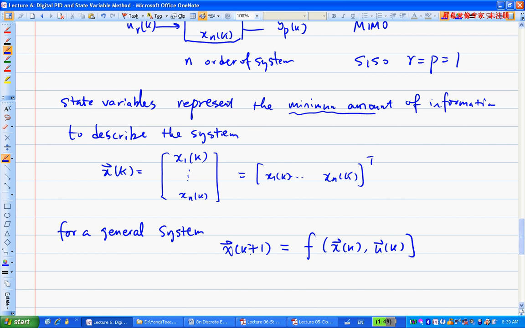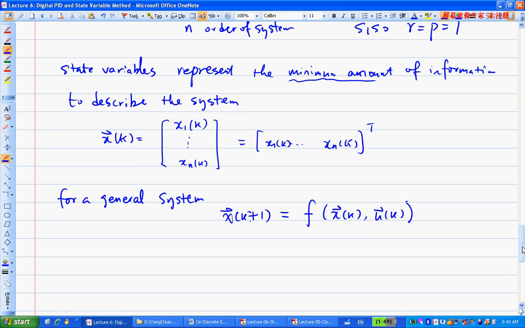Okay, it will be in this format. What this means is that we're dealing with discrete ones, and if it's continuous, it will be slightly different. For continuous, it will be x dot t equal to f of x of t and u of t.